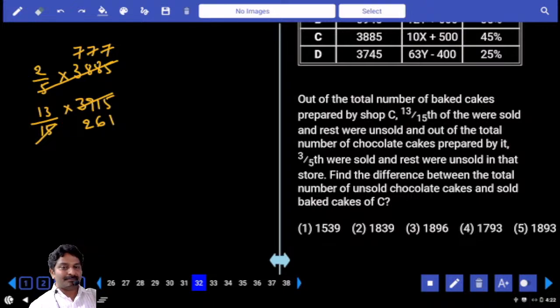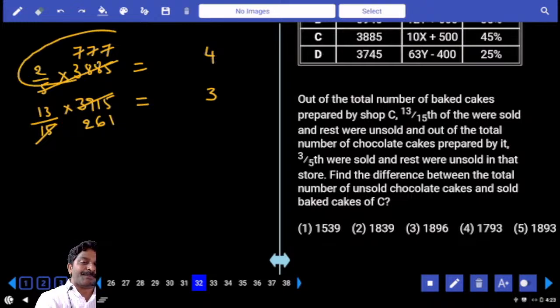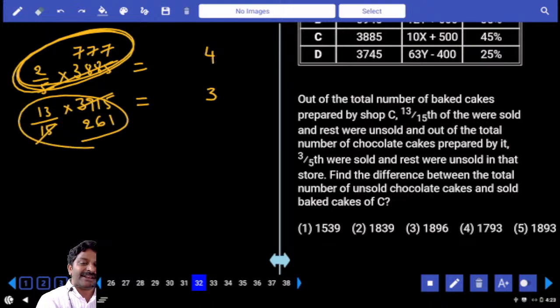See, out of these two numbers we were asked to calculate the difference only. This number ends with, this number ends with, out of these two which is more? This is approximately 1500 only. This will be approximately 3000 something.